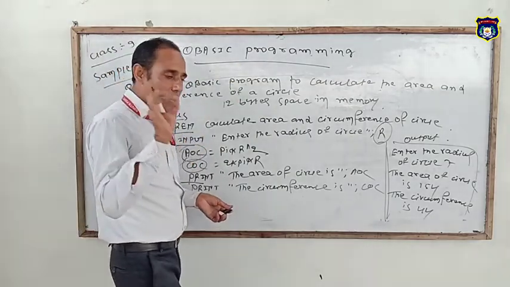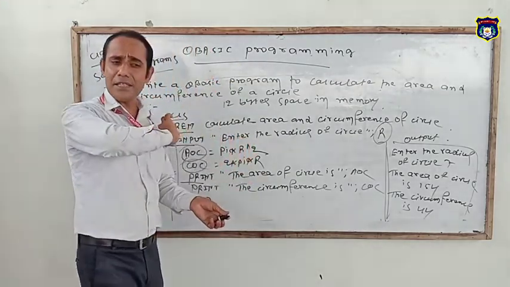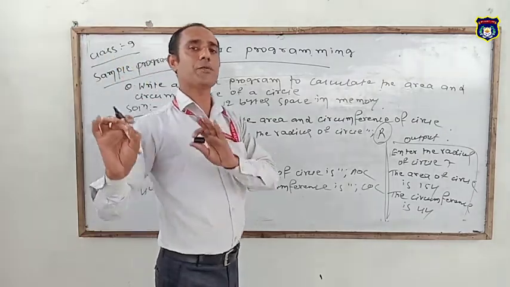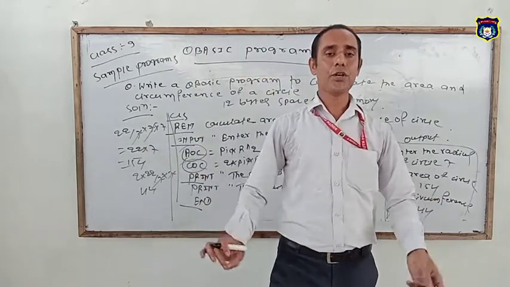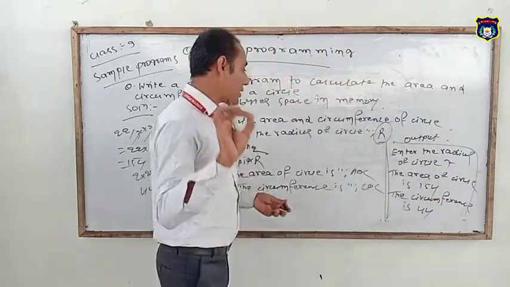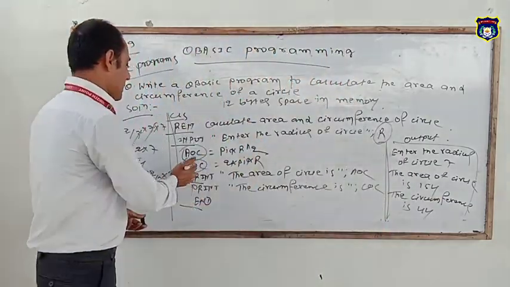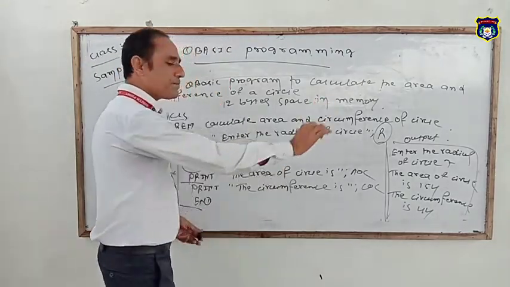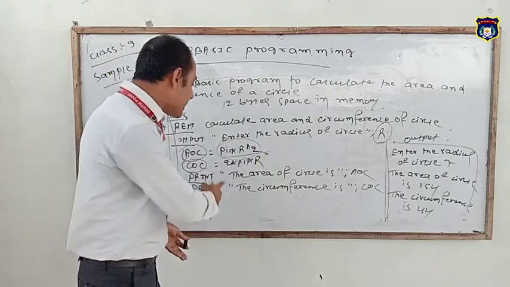If you don't know them, then we cannot design any type of program, not only QBasic but also C, C++, Visual Basic, Oracle, Java. For every program, we need to understand the terms and conditions. Simply, pi R square: if students don't know the formula of the AOC, how can we design it? That is called terms and conditions.